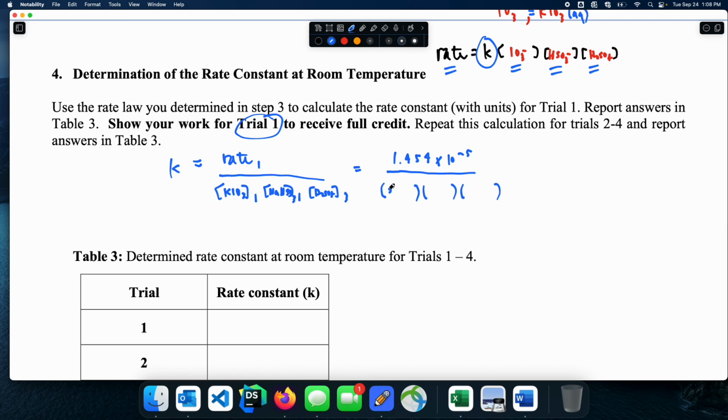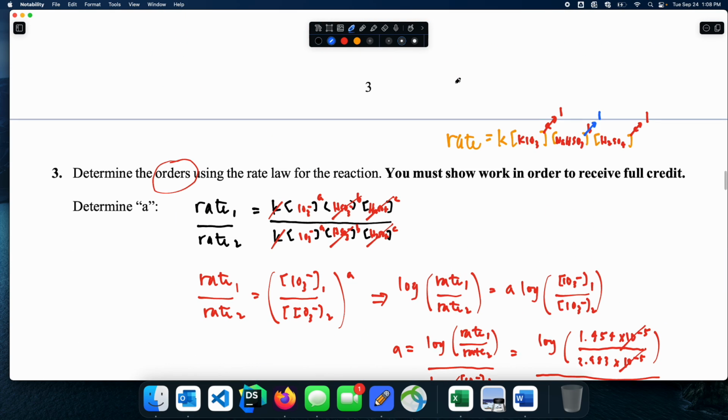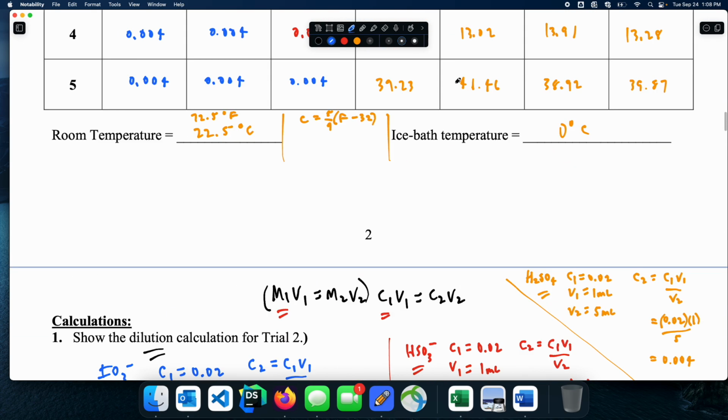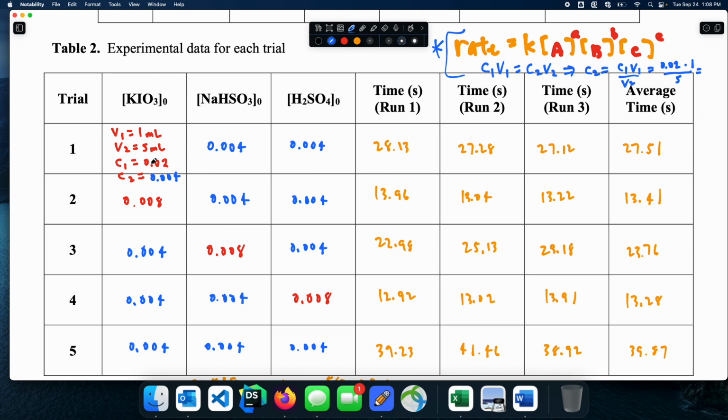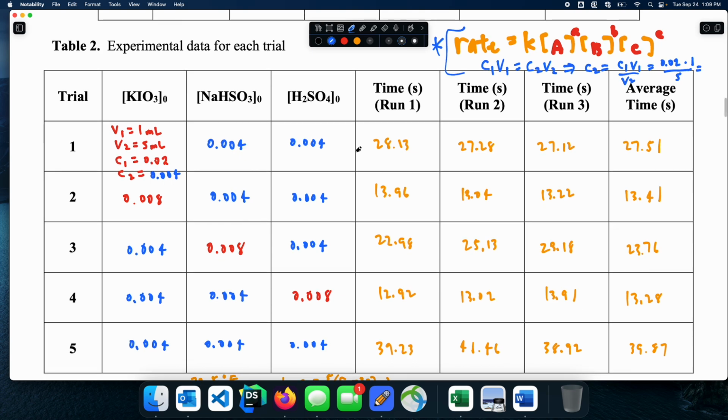I think everything was 0.004, wasn't it? I think that's right. So let's put this in here. Is that right? Let's go back up to trial 1. 0.004, yep, 0.04, 0.04. Good, okay.